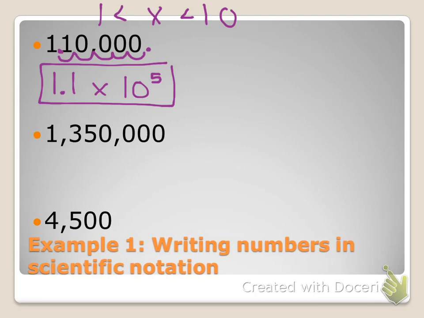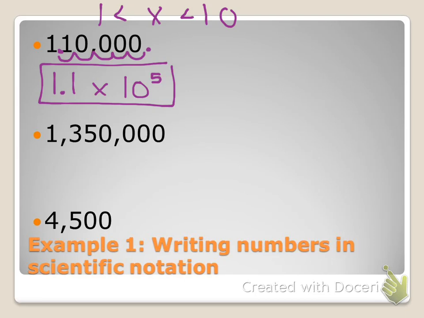So I write a number in scientific notation by finding between what two digits give me that number between 1 and 10. Okay, does everybody agree that 1.1 is bigger than 1 and less than 10? It's in that range? Okay, so I know that that's the correct number. I had to move it 5 decimal places, so that's why I have 10 raised to the 5th power.